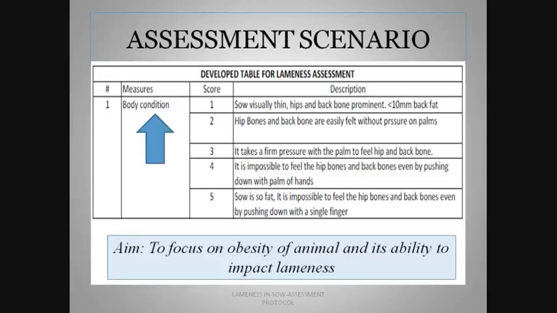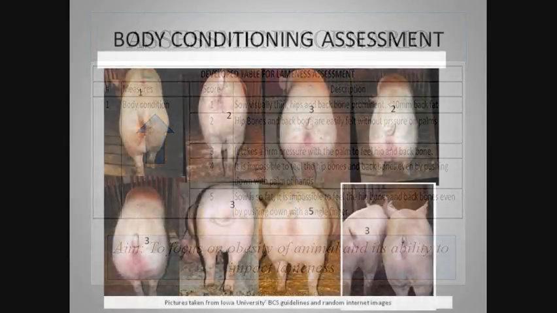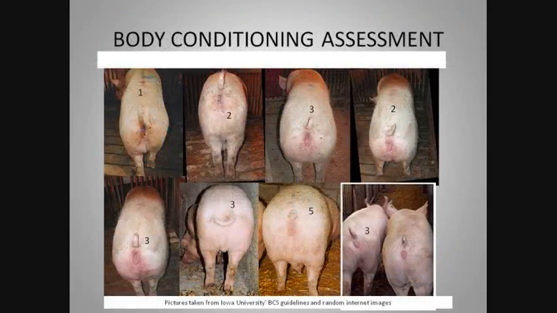We will first look at body condition, and the aim is to focus on obesity of animals and its ability to impact lameness. From the photographs showing a number of sows, we can see a range of scores from 1 to 5. In 1, the sow shows visually thin and a backbone very prominent.